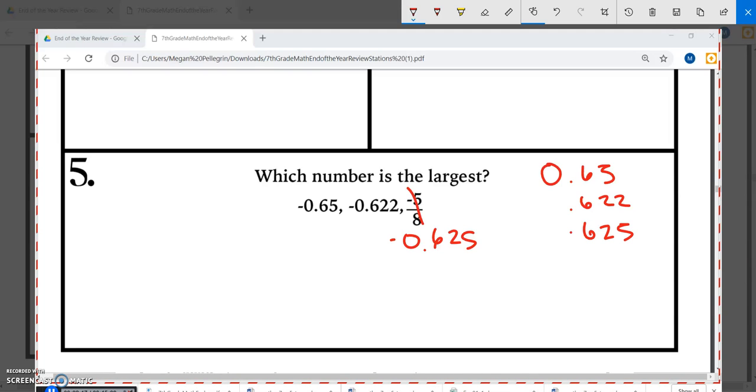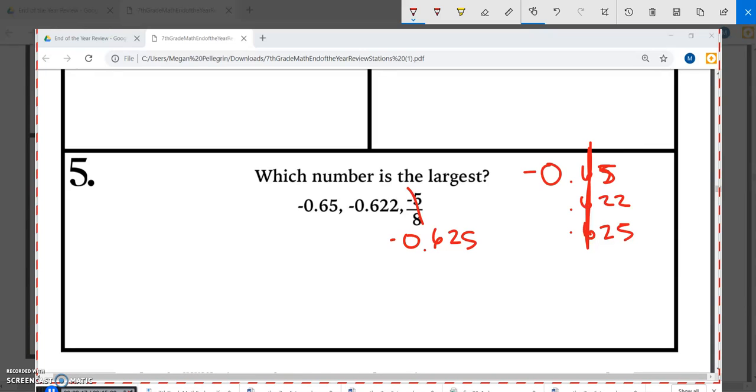So I want it closer to the number line. The 6's are all the same, so that does not help me at all. So then I'm looking at the 2's, because the 5 is going to be bigger than any of the 2's. So that number is larger, or because it's negative, it's further away from the number line.